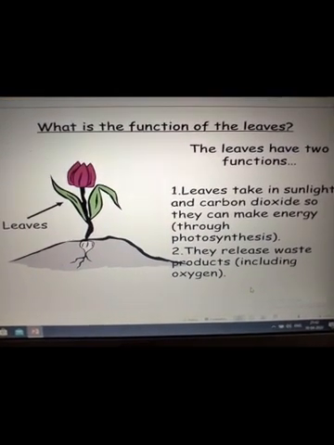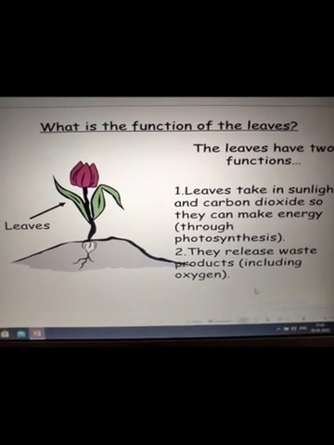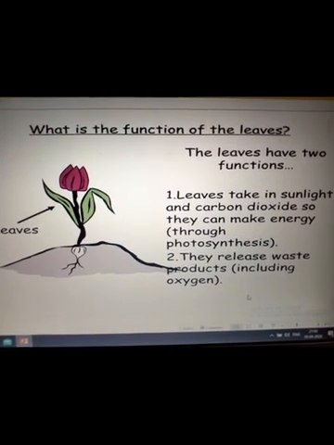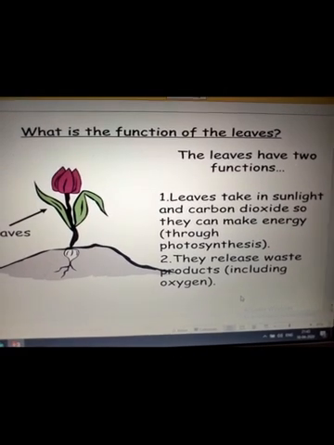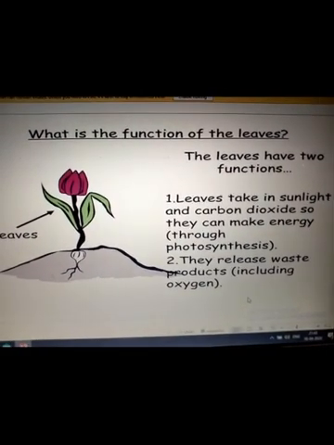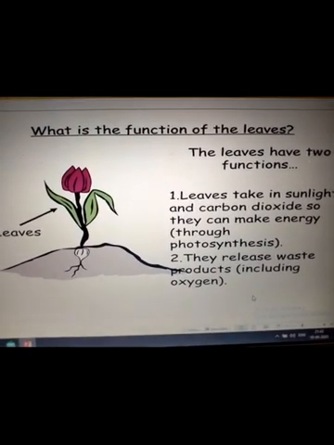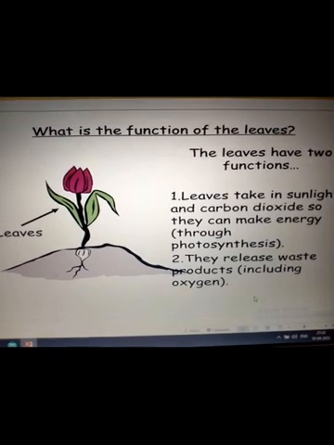Leaves are the thin, flat and green parts of the plant. And as I have taught you right now, leaves take in sunlight and carbon dioxide, so they can make food. So leaves produce food for the plants.